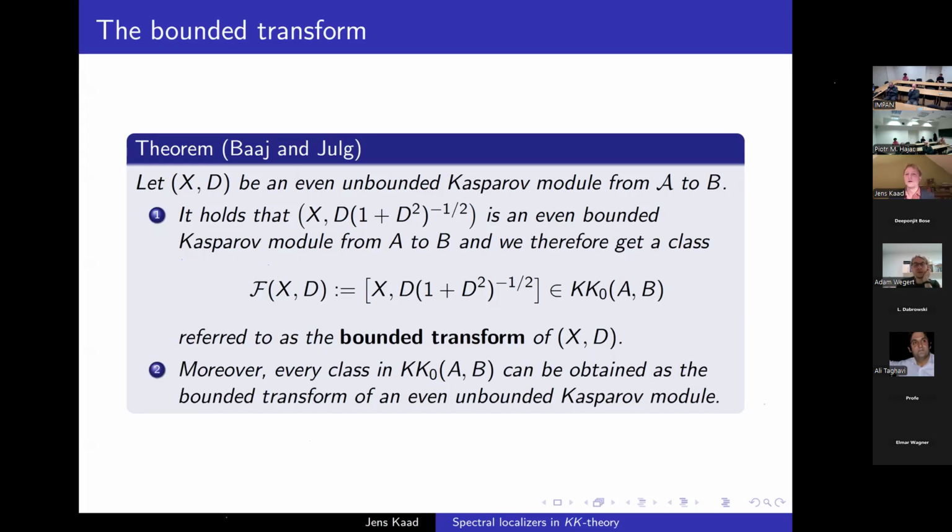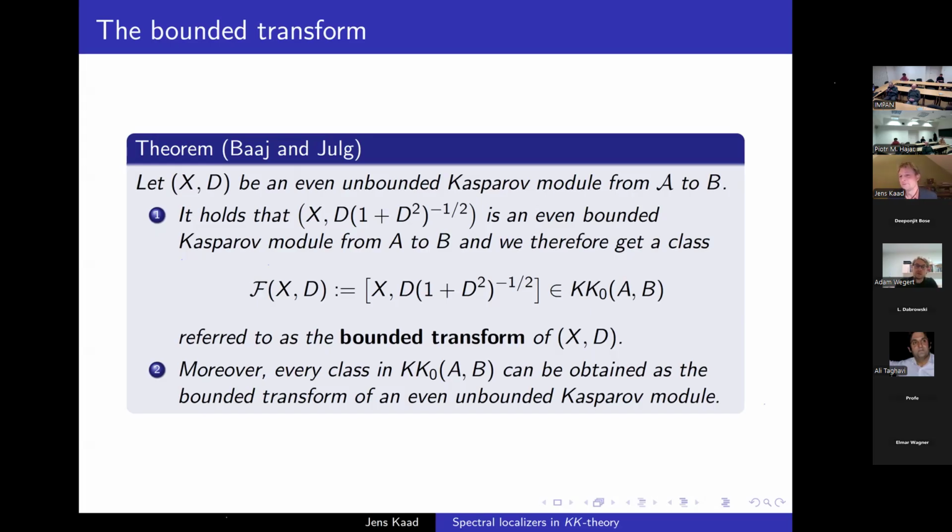I have a quick question. Would it make some difference if, instead of (1 plus D squared) to the power minus half, you would take (1 plus modulus of D) to the power minus 1? It would make a little bit of difference insofar that I don't know that the modulus of D is invertible. 1 plus modulus of D. Oh, okay, 1 plus modulus of D. I think that works perfectly well.